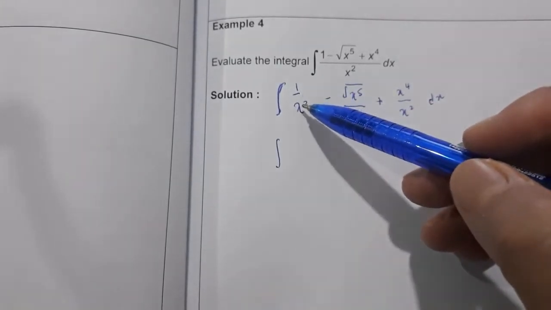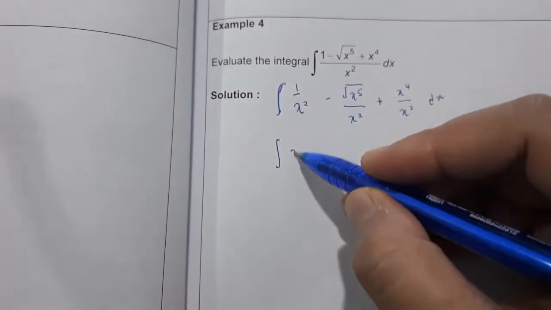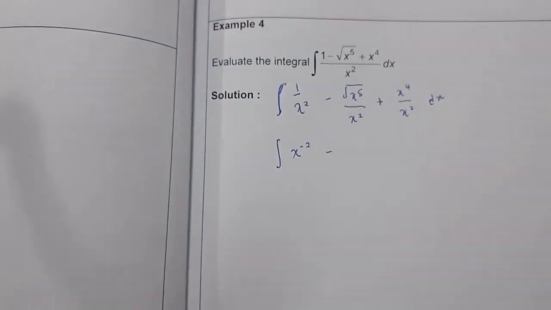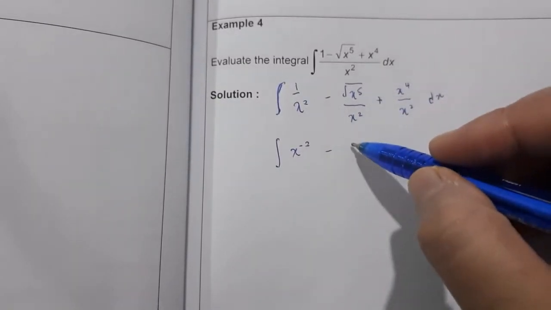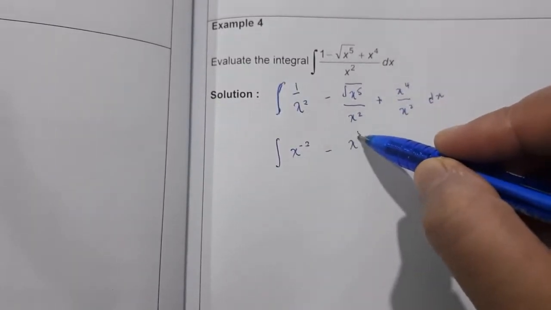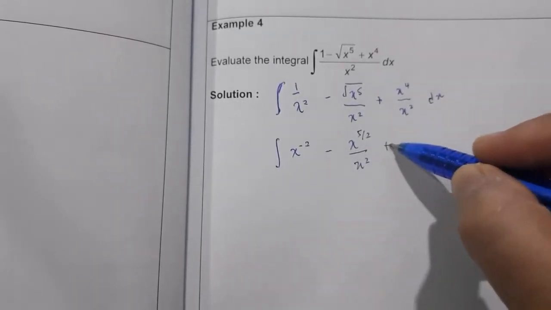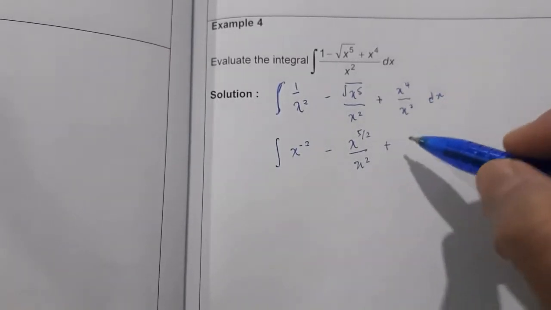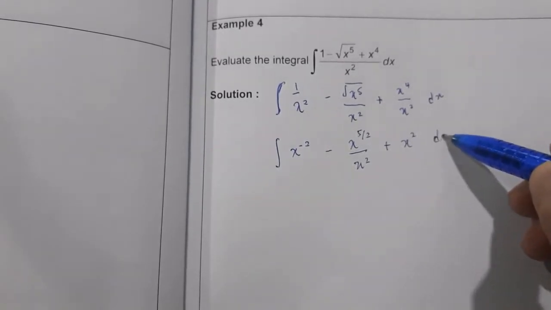1 over x square, bring x square up, we get x power negative 2, minus square root x power 5 is x power 5 over 2 over x square, plus x power 4 over x power 2. So x power 4 minus 2, we get x power 2.